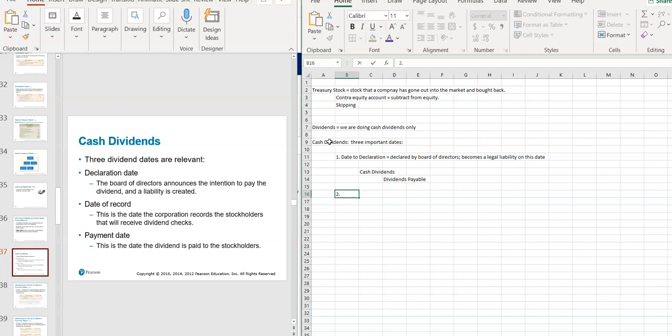All right, the second date is the date of record. All right, you must own the stock on this date to receive the dividend. All right, and there is no entry on this day. And 3, date of payment.